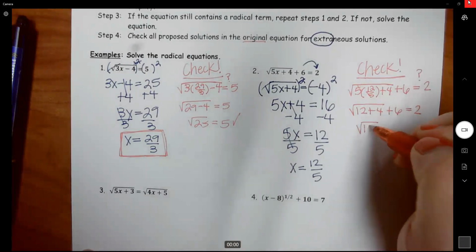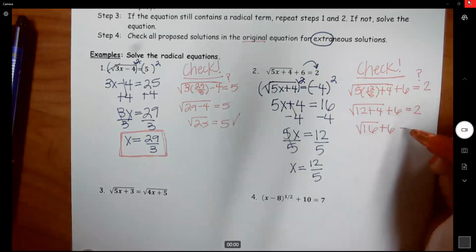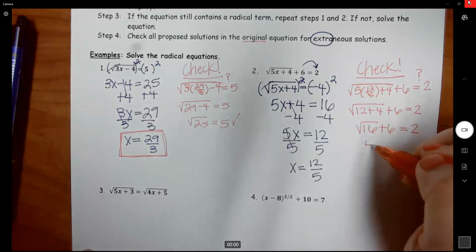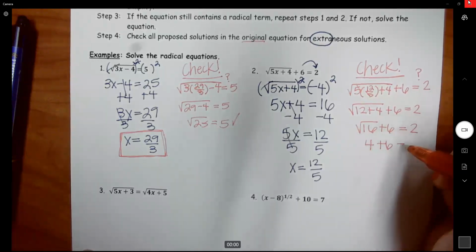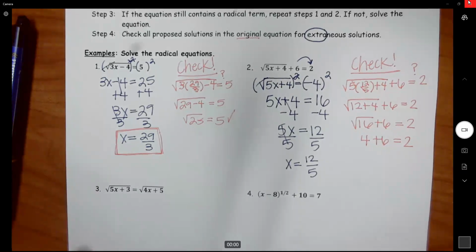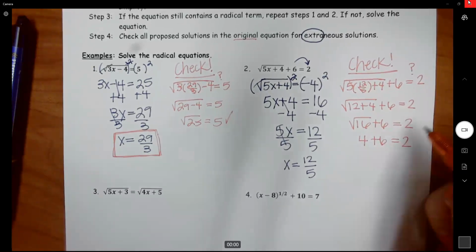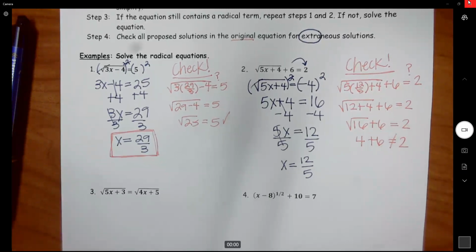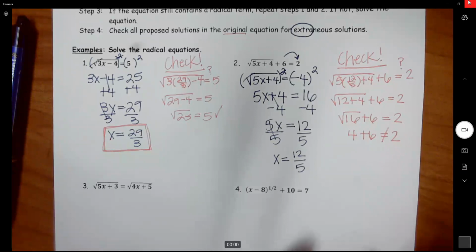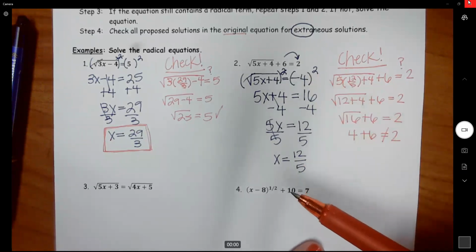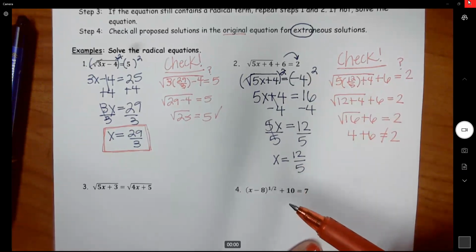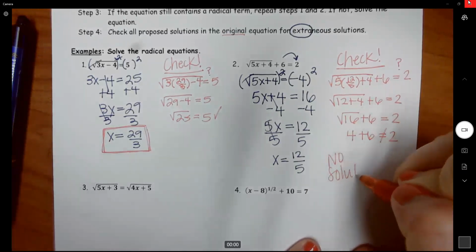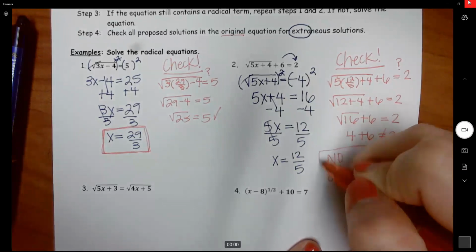This gives me 16, and the square root of 16 is 4. I can tell from right here that this does not work. 4 plus 6 is going to give me 10, which does not equal 2. When this happens, I check over here. My algebra was good. I followed all the right steps. That means this one here has no solution.